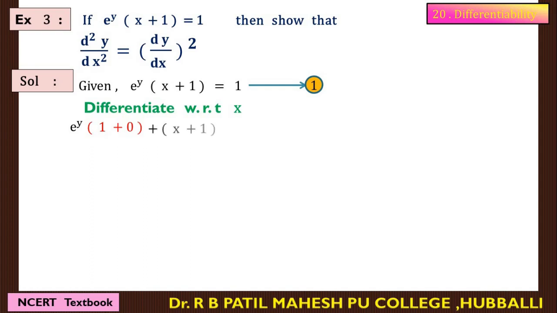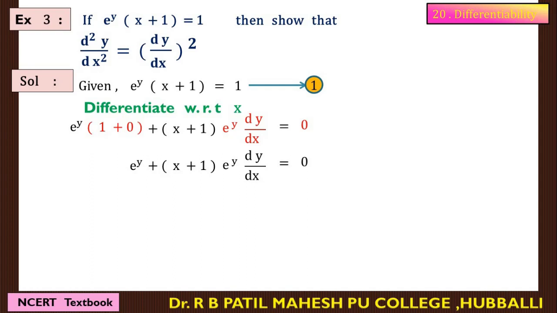Plus x plus 1 as it is, and the derivative of e raised to y is the same term into dy by dx, that is e raised to y dy by dx, equal to the derivative of 1, a constant number, whose derivative is 0. So rewriting this, you will get e raised to y, because 1 plus 0 means 1, e raised to y into 1 is e raised to y, plus x plus 1 into e raised to y dy by dx is equal to 0.